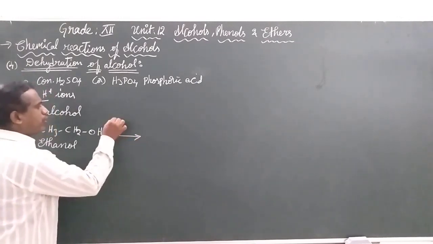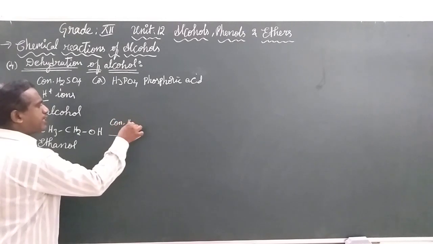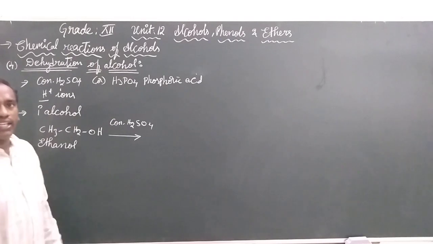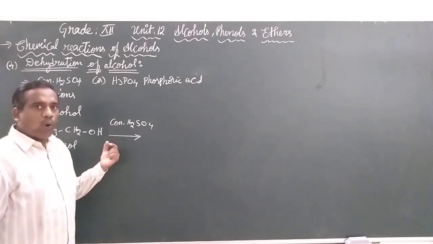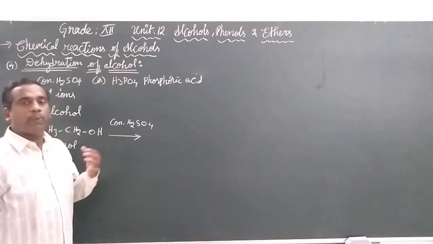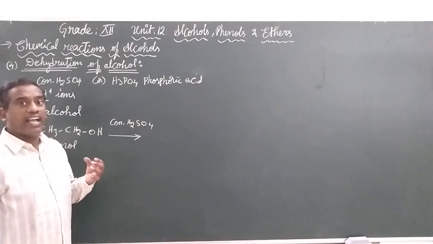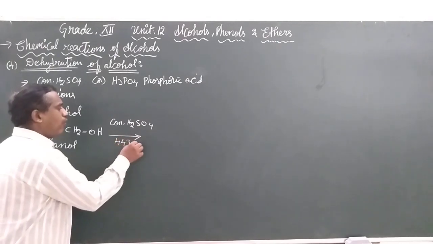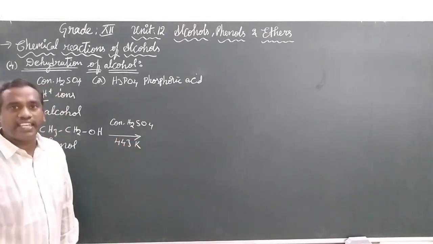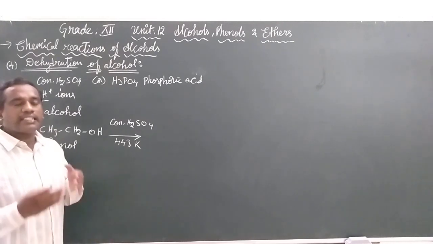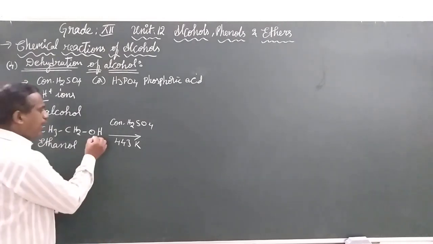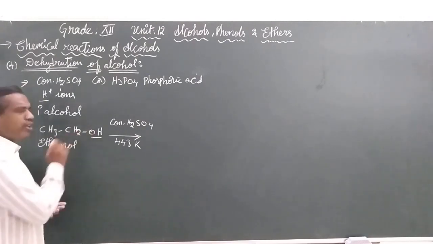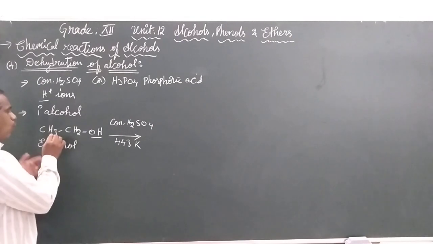Once you add the concentrated sulfuric acid to this ethyl alcohol or ethanol, the concentrated sulfuric acid will give H plus ions, and they will be generated at a high temperature of 443 Kelvin.